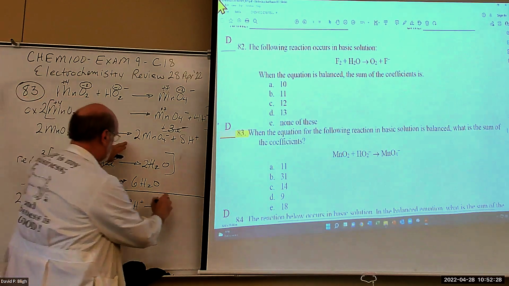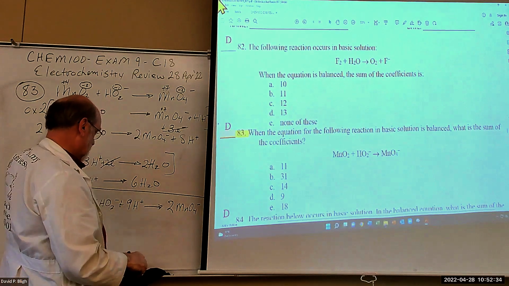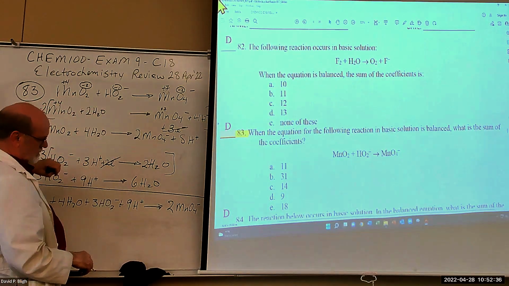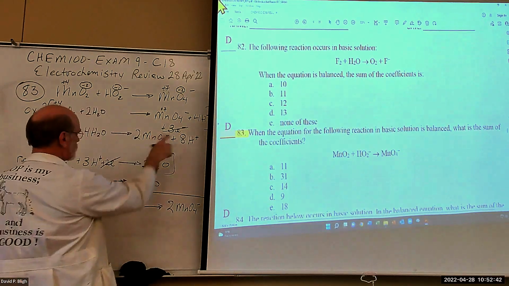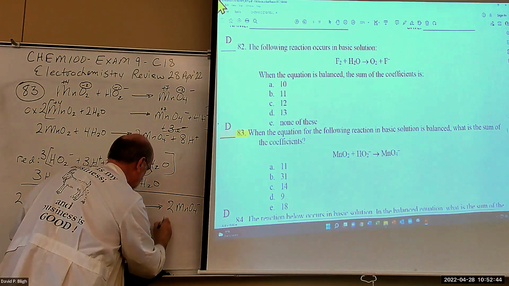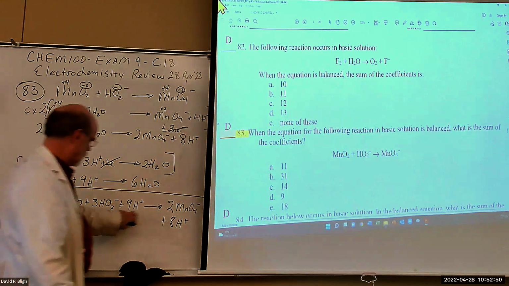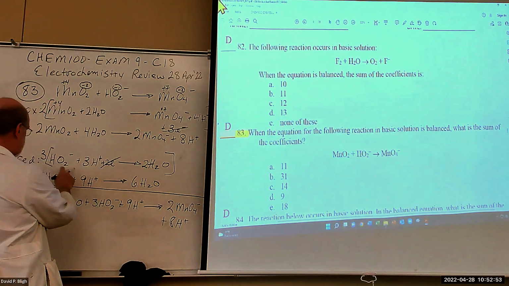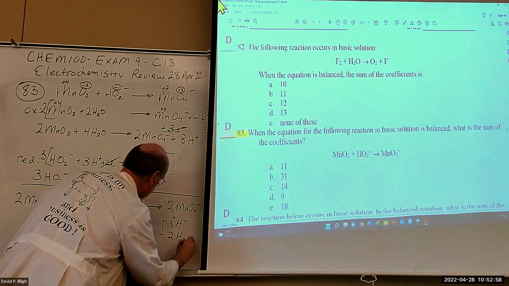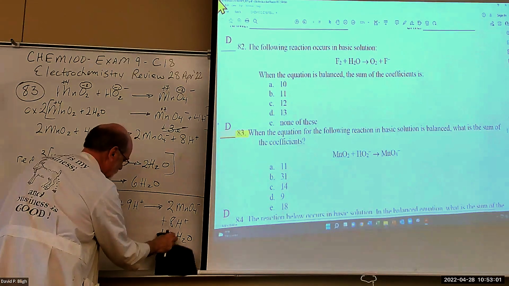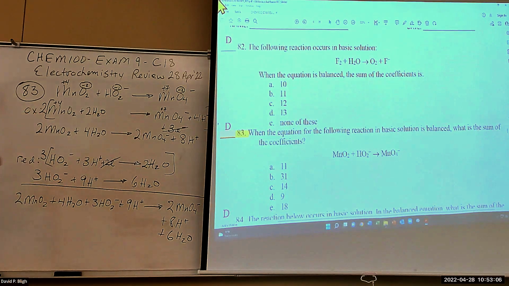And on the other side, we have 2 permanganates and 8 hydrogens, plus 6 water. Is that everybody? 1, 2, 3, 4, 5, 6. There we go. Now everybody's down.